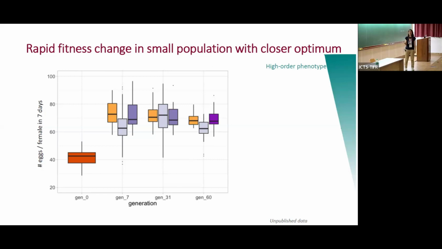So it basically means that what really disturbed the patterns of phenotypic change in our small populations adapting to the high protein diet is not necessarily small population size, but also the selection pressure, or how much they had to change phenotypically to reach the optimal phenotype in this new environment, which also plays an important role.